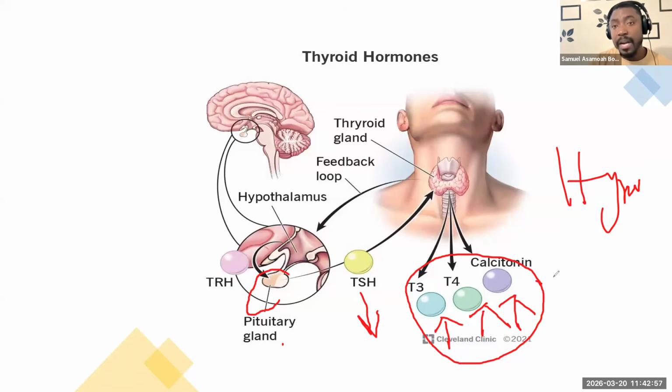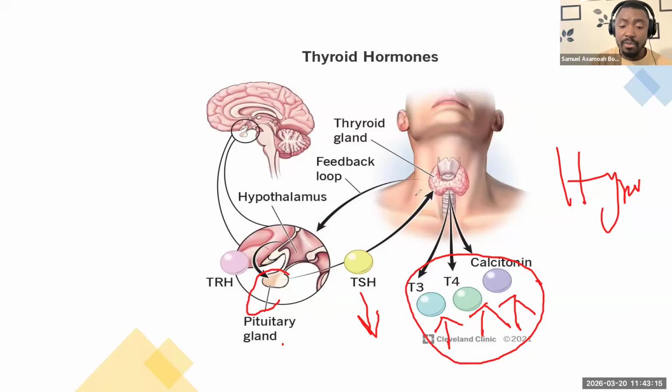If your feedback mechanism is working, the thyroid stimulating hormone will then come down, trying to bring them down. So each time you eat, almost every now and then, the body tries to go up and down. It's just regulatory mechanisms that bring them back in shape.